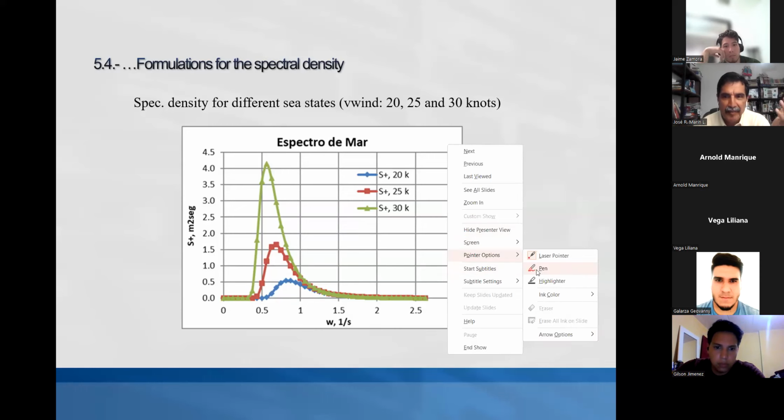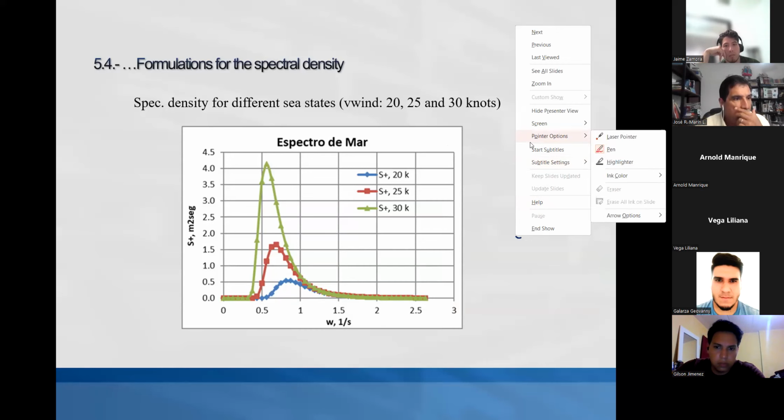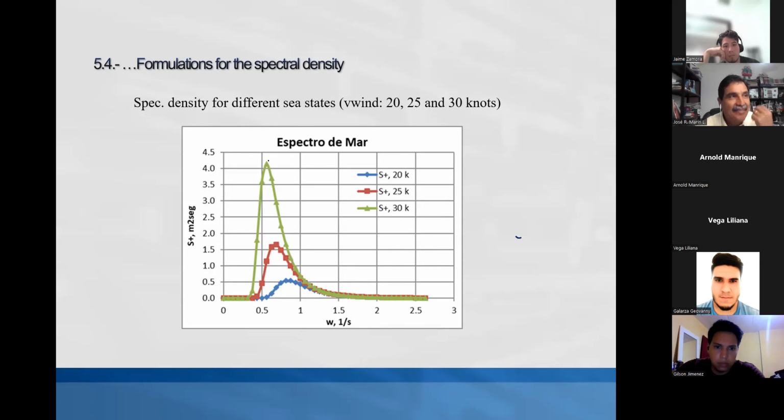Yeah, they are different, but come on, you should see something else. Yes, the amplitude is more. That's important. That means that if the wind is higher, the area below here is going to be higher. Definitely. That's something which is very important.